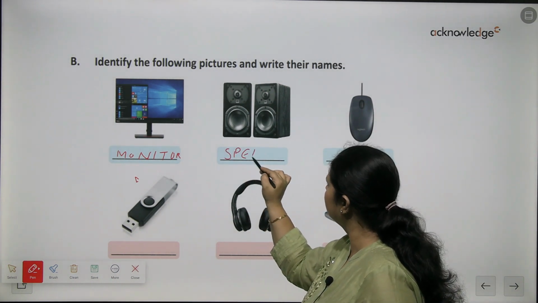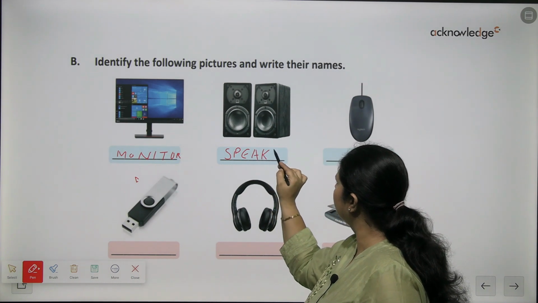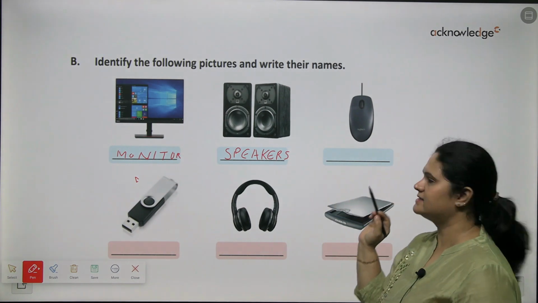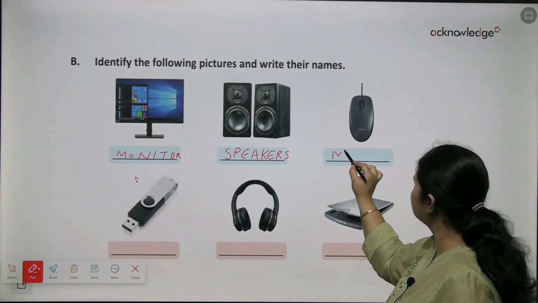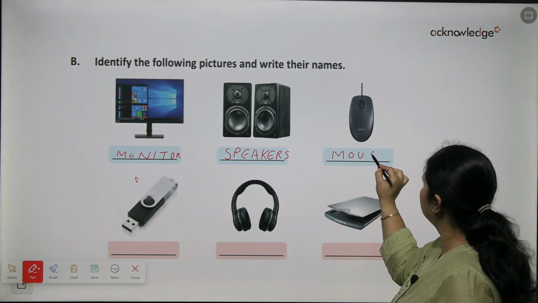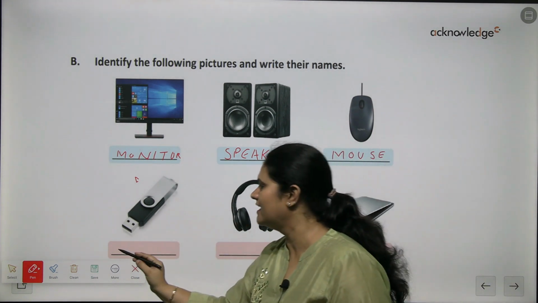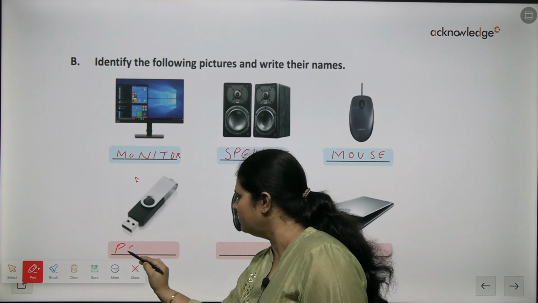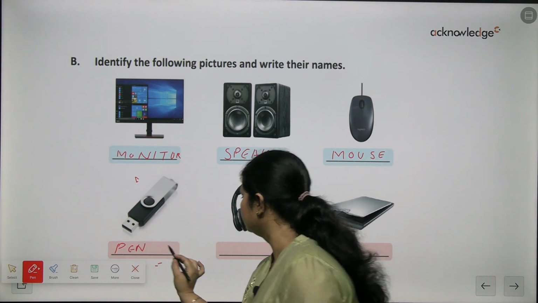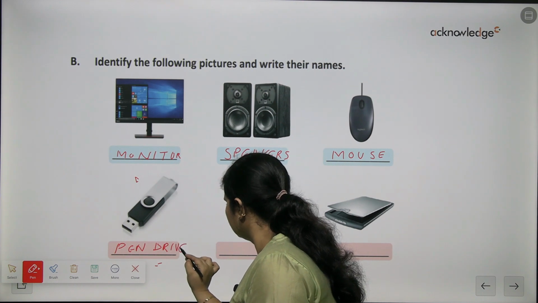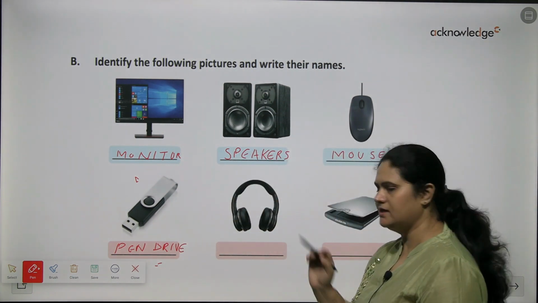Now, these are speakers. This one is a mouse. This here is a pen drive. And what are these?